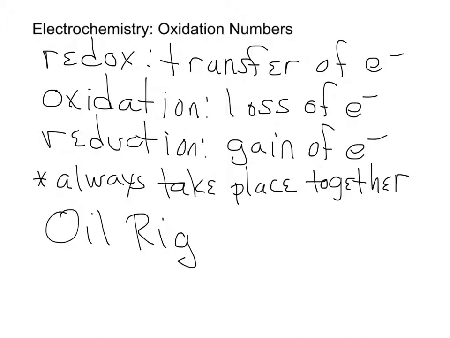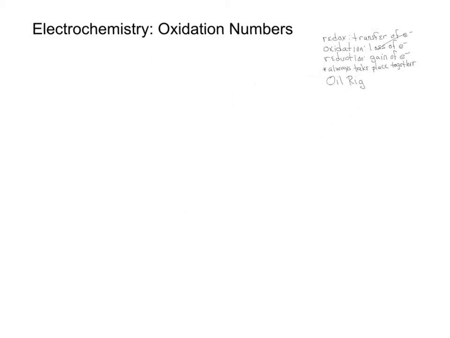Oxidation is loss of electrons. Reduction is gain of electrons. So even today, I've been a chemist for way too long, I still write out OIL RIG when I'm trying to remember the difference between oxidation and reduction, just to remember oxidation is loss of electrons, reduction is gain. So you want to remember that. Okay.